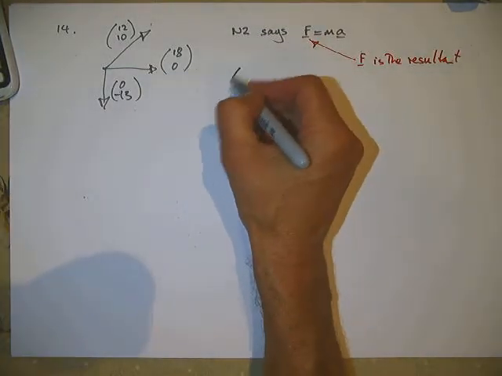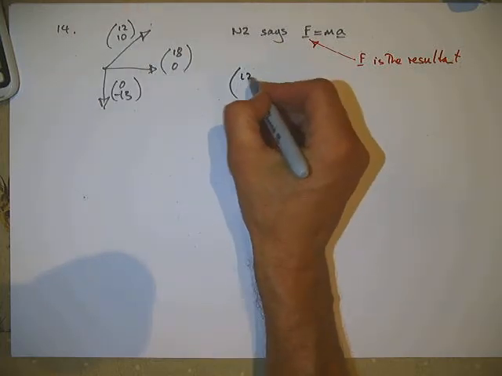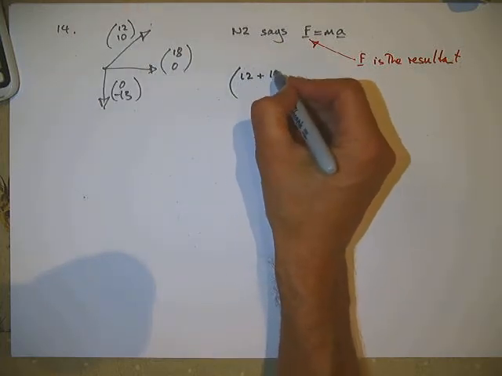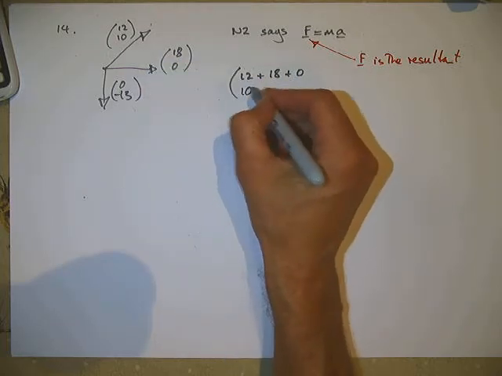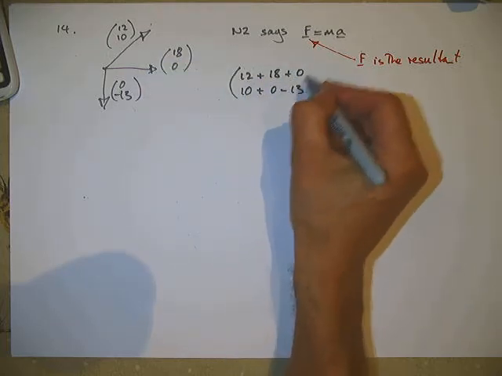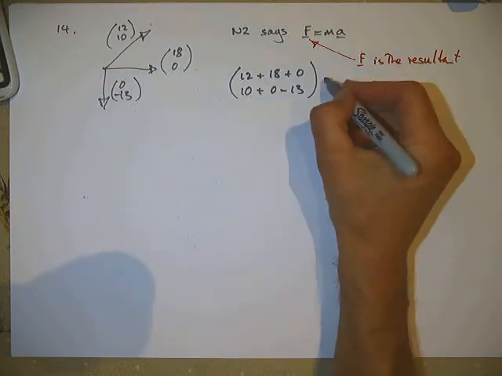So 12 plus 18 plus 0, 10 plus 0, take 13. I'm adding the three forces to get the resultant force.